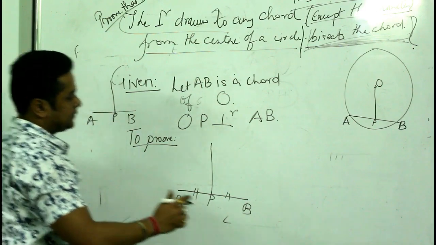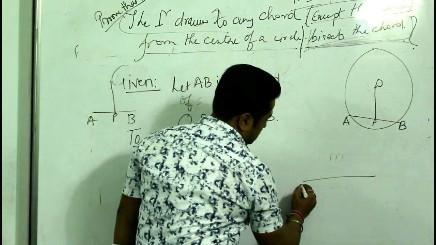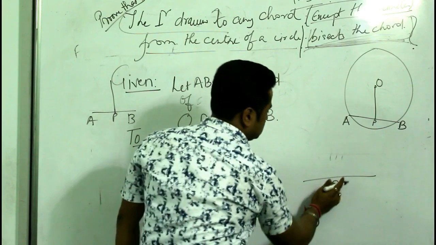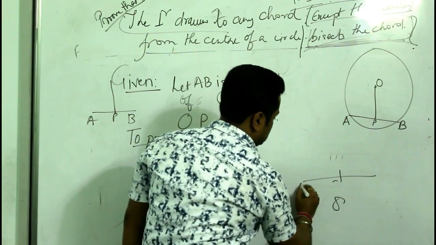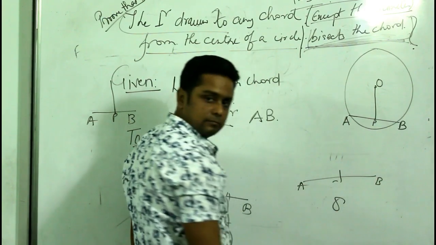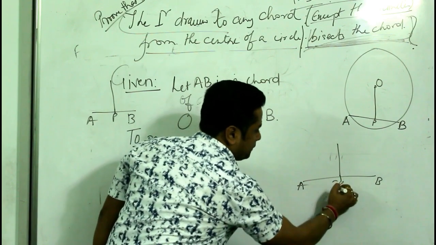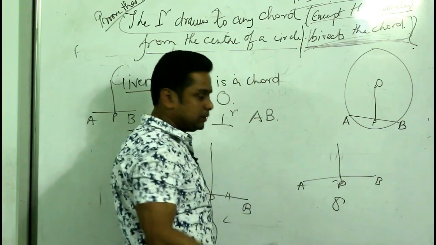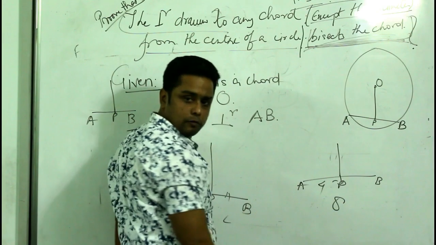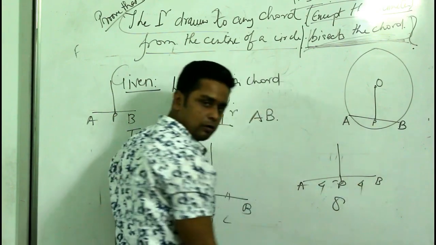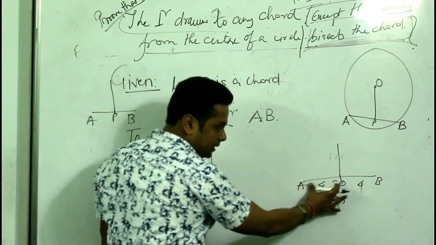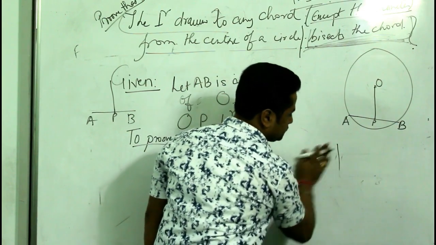I am saying again, see here. Suppose there is a line of 8 centimeter. This is A, this is B. Now I tell P bisects it. That means what? This is how much? 4. This is how much? 4. Same thing. That means AP is equal to PB.